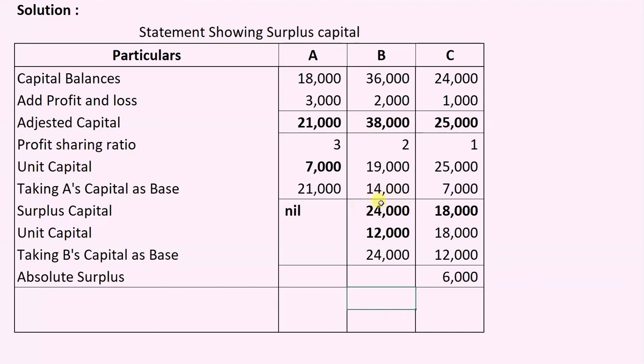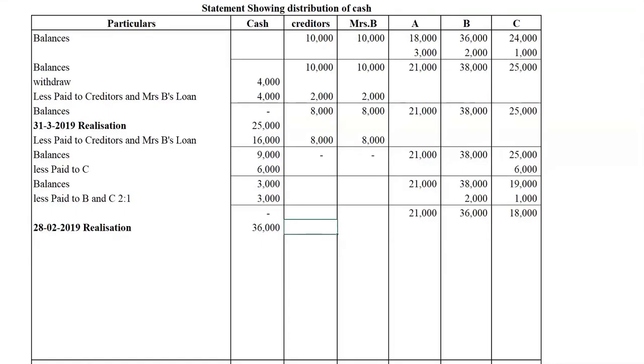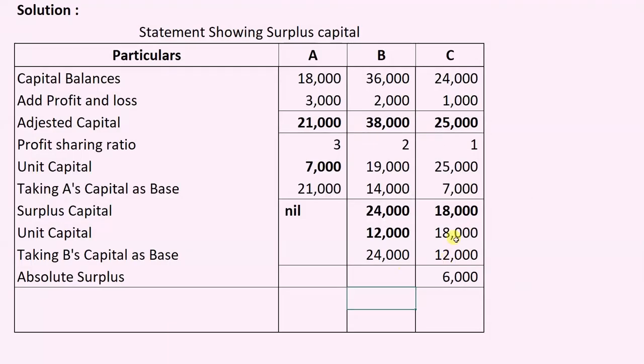In the last step we have already paid rupees 2,000 to B and rupees 1,000 to C. So to B we have to pay 22,000 and to C we have to pay 11,000. So we have to pay a total of 33,000.